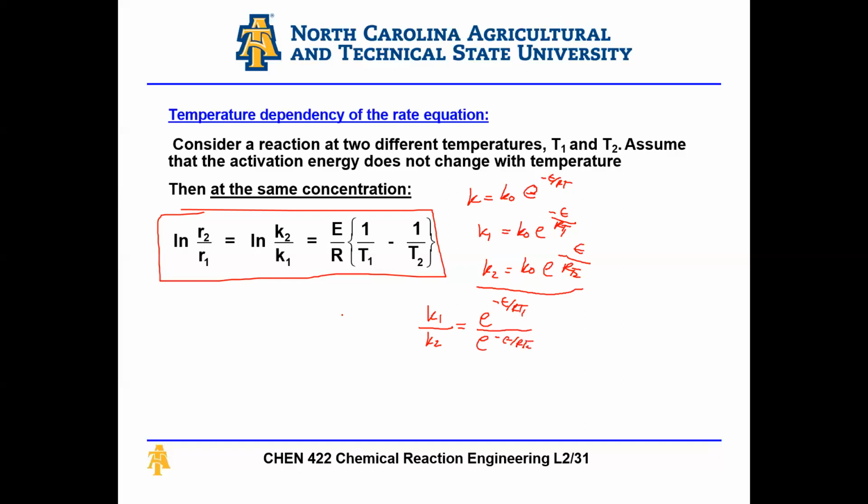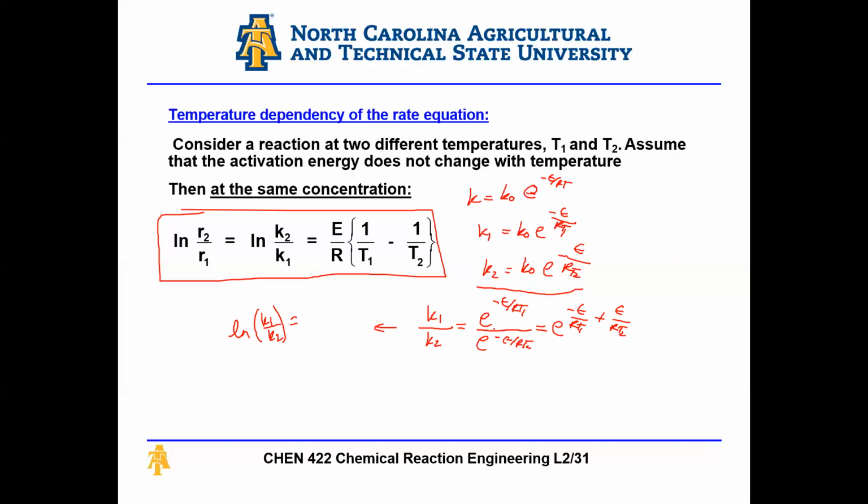And then you take the ln of this. So if I take the ln, ln K1 by K2 is equal to, so what will this be equal to? Minus E over RT1 plus E over RT2, right?